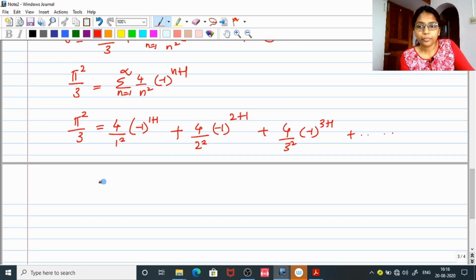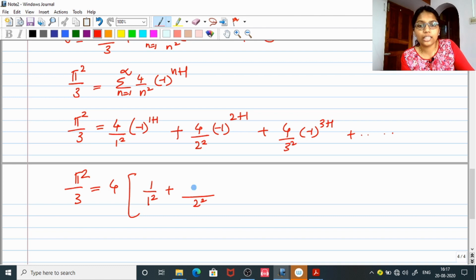Okay. So I think I can take this 4 outside from every term. 4 is taken outside and it is pi square by 3 is equal to 4 into, what is minus 1 raised to 2? 1 plus 1 is 2, isn't it? So minus 1 raised to an even number is 1. So it is 1 by 1 square plus, 4 is taken outside, it is 2 square coming here.